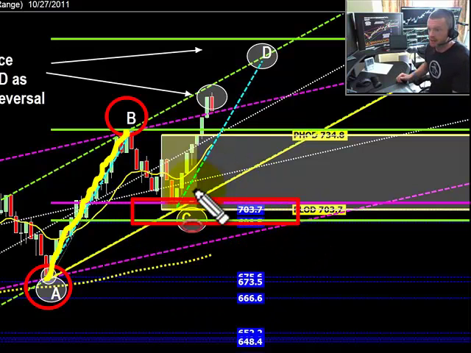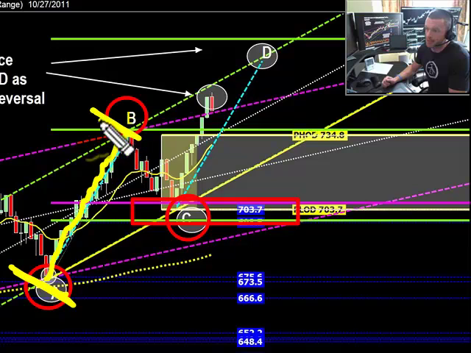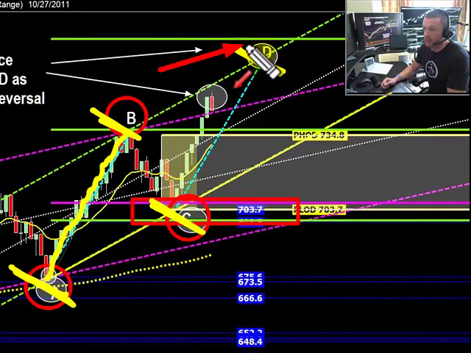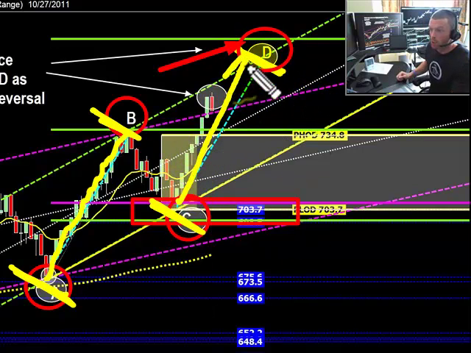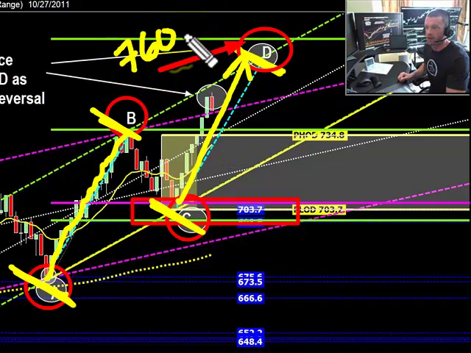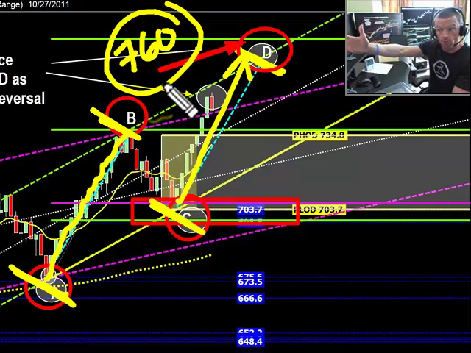That gives me C. And once I get C, now I can take this distance from A to B, and I can project that up here. So now I know where the D should be. Now I know, think about this. What is the D? Well, the D is going to be a target for a wave long. So we know up at that 760 area, that's where we expect the long-term move to get to.